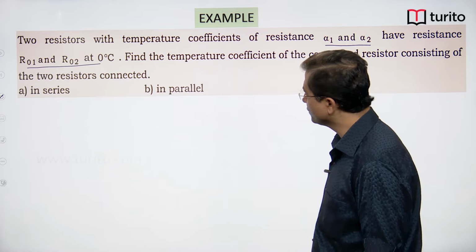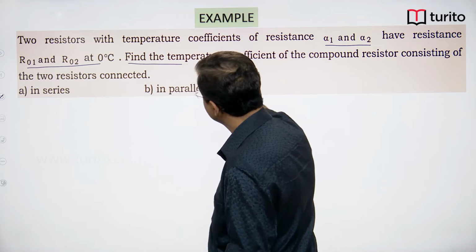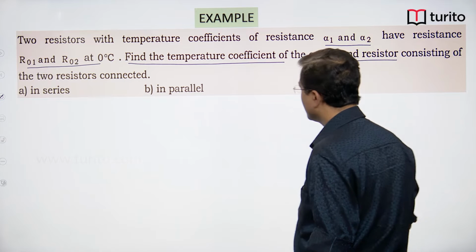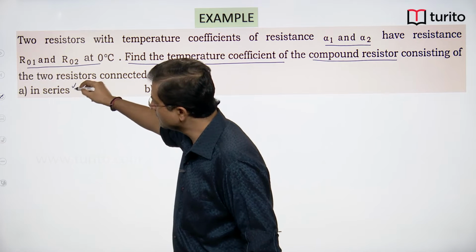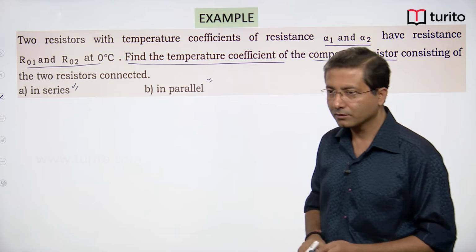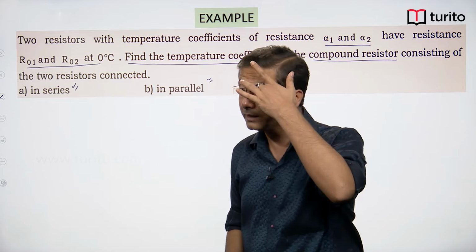Find the temperature coefficient of the compound resistor when the two are connected in series, first part, and in parallel, second part. So, we want to find alpha equivalent.